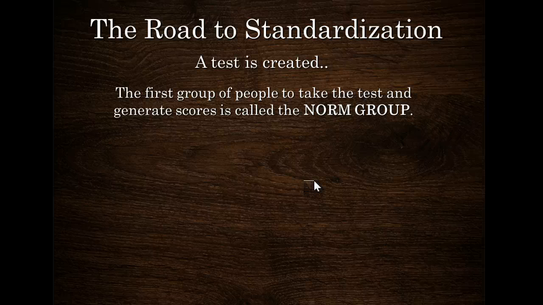Those scores that they generate become what we call the norm. They are that first group of people who take that test, and their scores are referred to as the norm group.